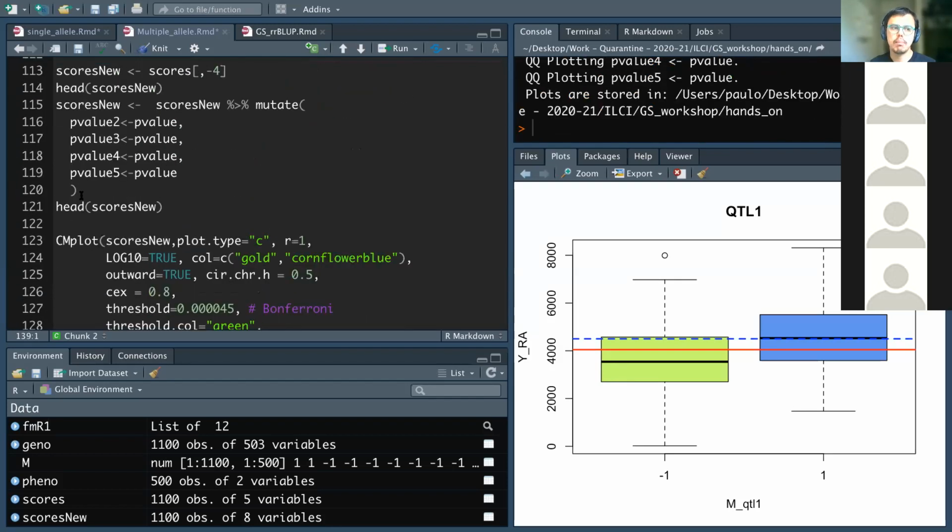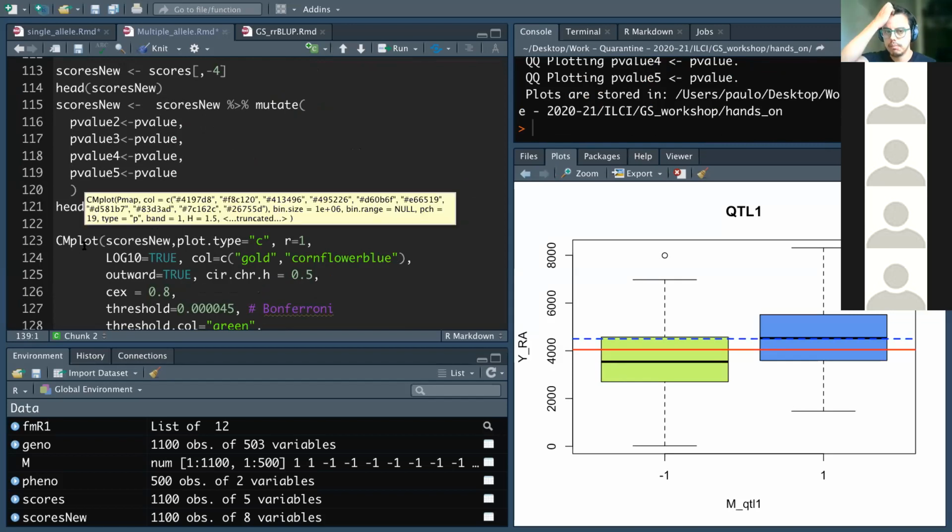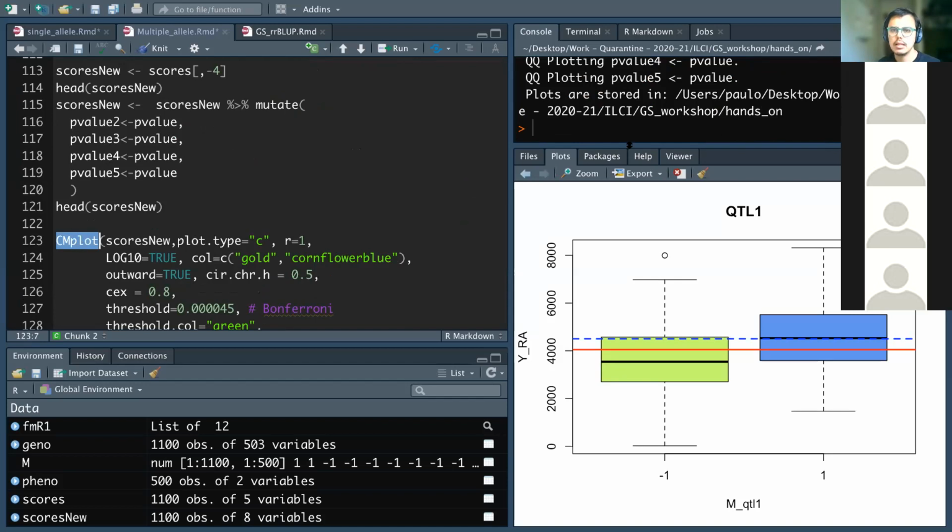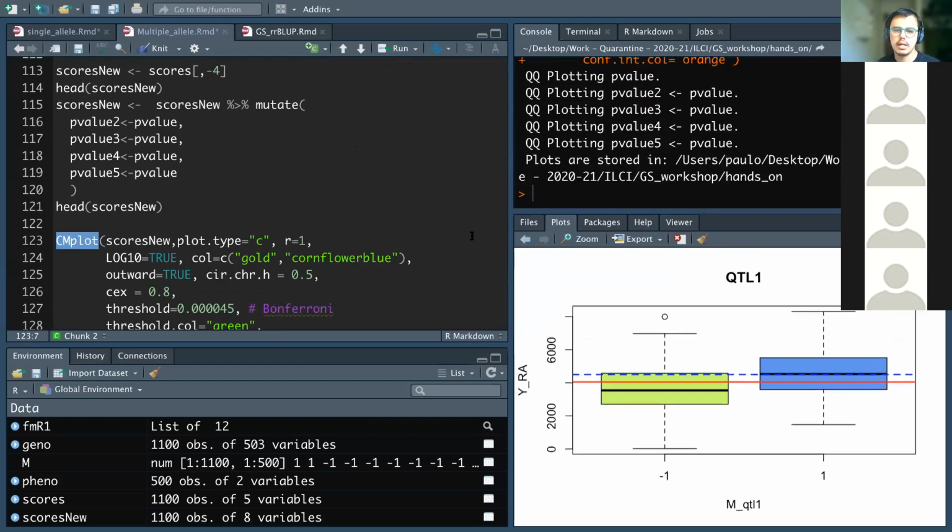This CMplot is just another function from another package, which is CMplot, that is the name of the package. And this package is a nice way to produce graphics. Circos plots, if you're familiar with them, are a pretty fancy way to produce Manhattan plots.